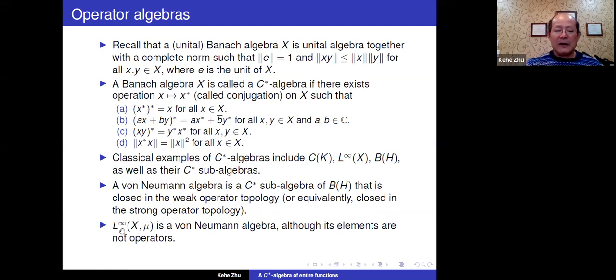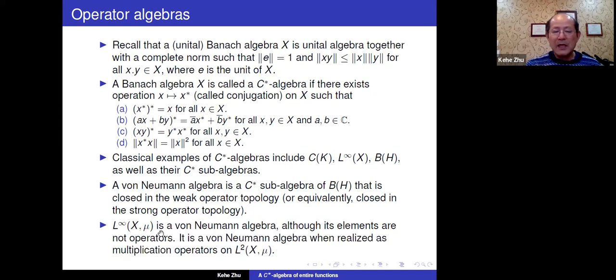If you have a bounded measurable function, then the bounded function will induce a multiplication operator on L2, and the multiplication operator will be bounded. This way, you can think of L infinity as the algebra of all bounded multiplication operators on L2 of X. And so that's why people simply say that L infinity is a von Neumann algebra.